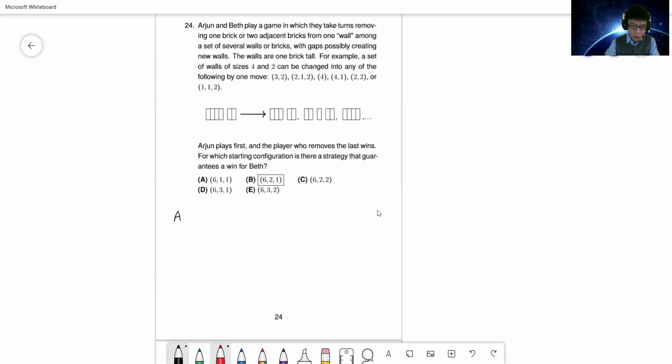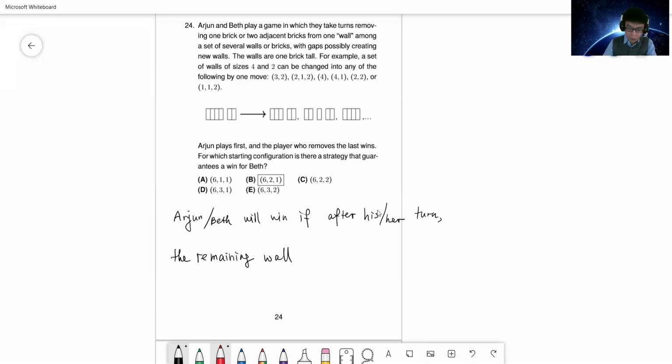Arjun or Beth will win if the following happens: after his or her turn of removing bricks, the remaining wall has a symmetric structure.